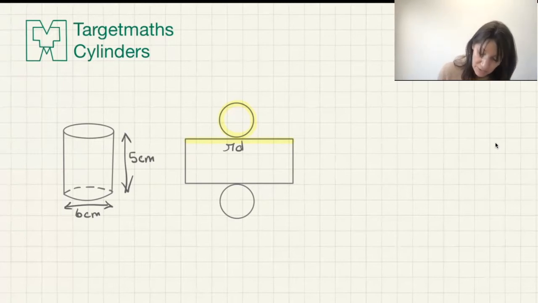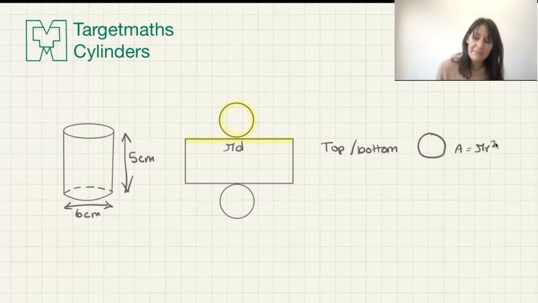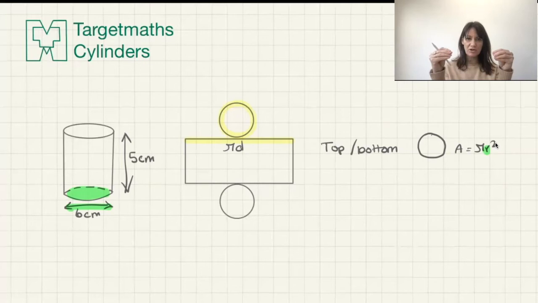The top and the bottom come from the circle, and the area of a circle is pi r squared. So I've got to go to the diagram and get the r. This circle is being linked to this number there, but that line is stretching right the way across, so what I've actually been given is the diameter.